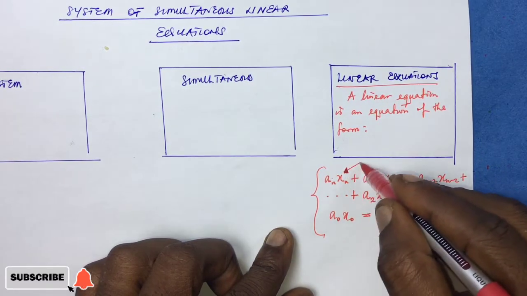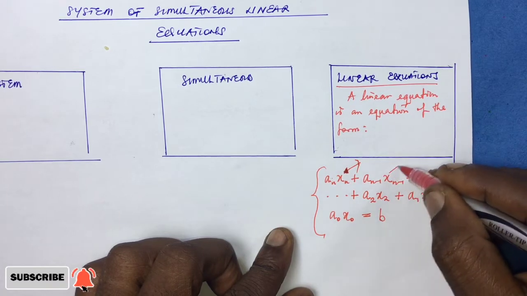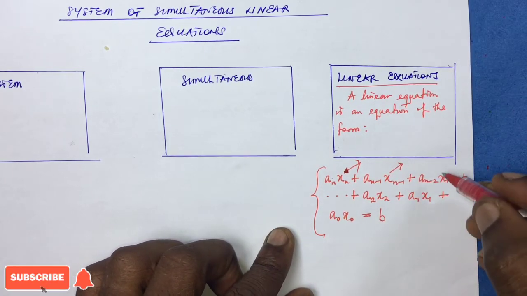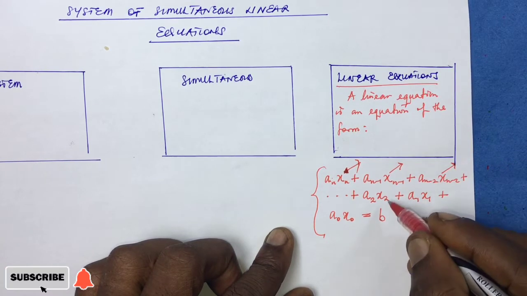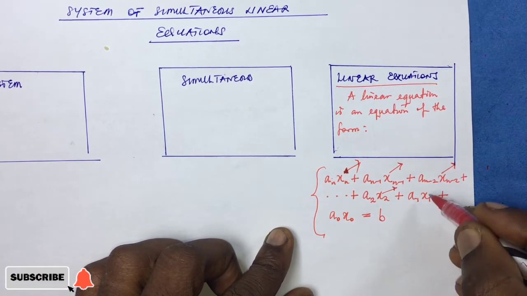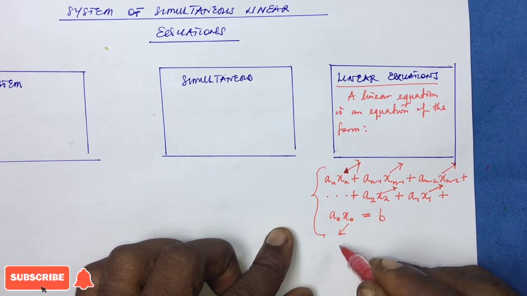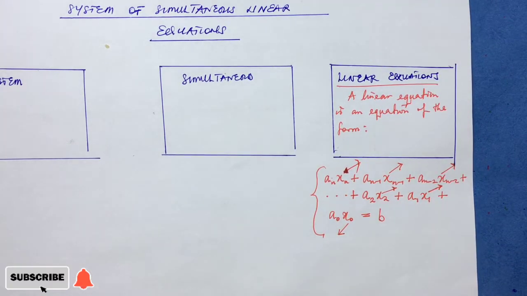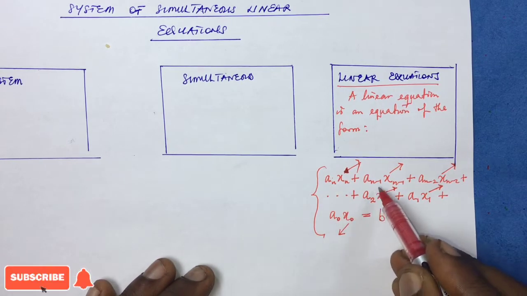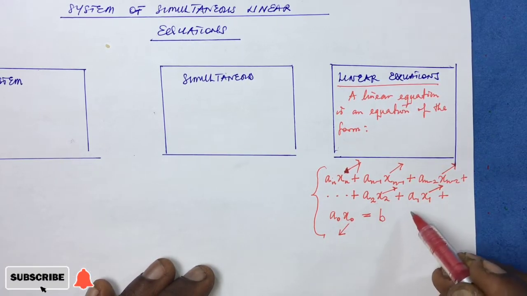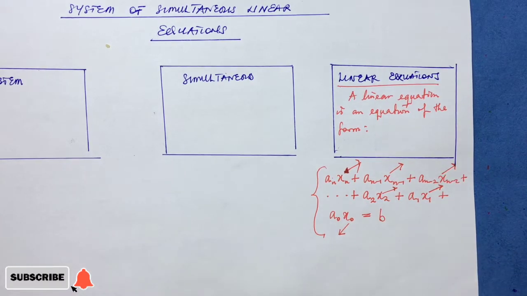There is a variable x_n, x_(n-1), x_(n-2), eventually x_2 and x_1, and if possible another variable x_0. So a linear equation is an equation of this form having a_n, a_(n-1), a_(n-2), up to a_2, a_1, and a_0 as coefficients. They are coefficients because they stand beside the variables, or they are used to multiply each of these variables.